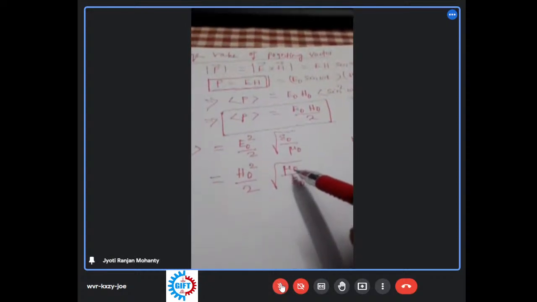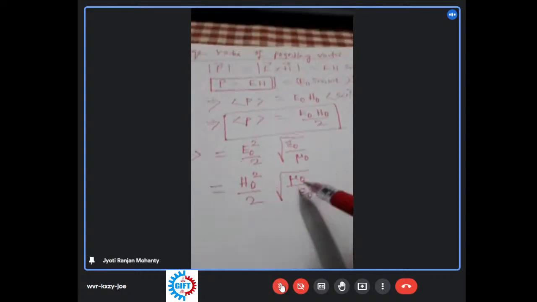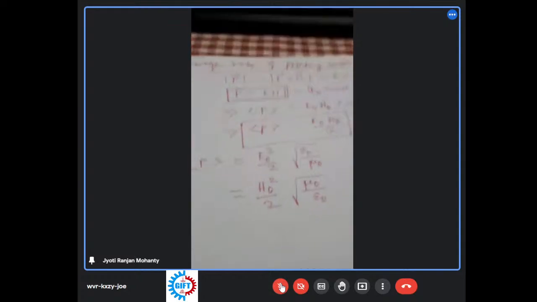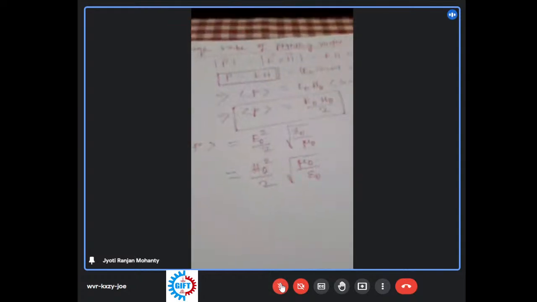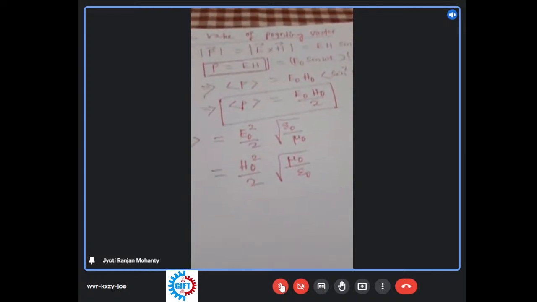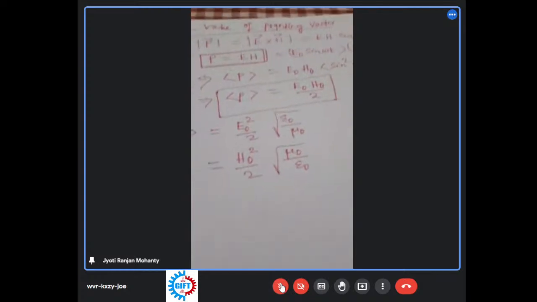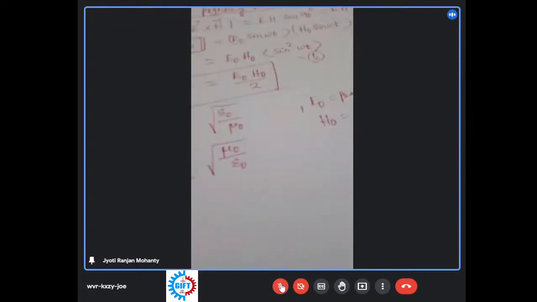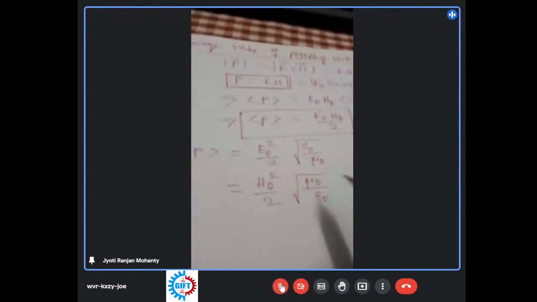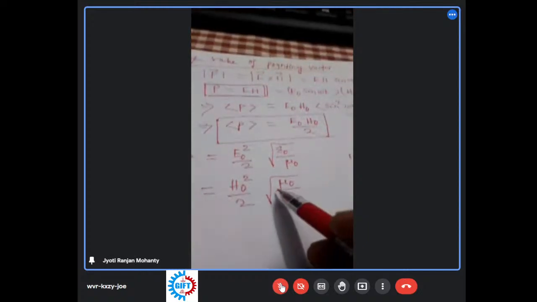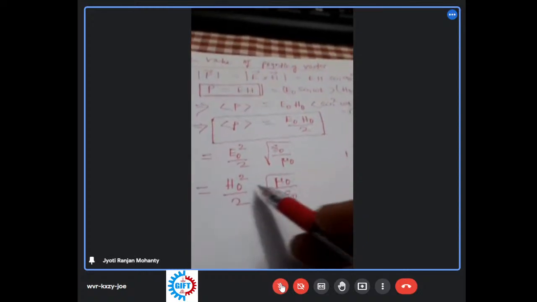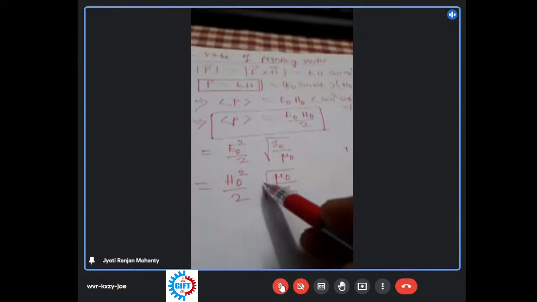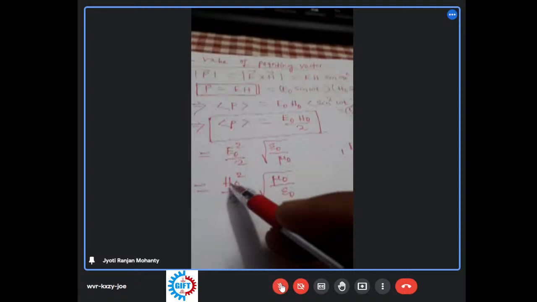You see, we don't need to find the mu 0 by epsilon 0. Who can say what is mu 0 by epsilon 0 under root? That is Z0. Already we have taken Z0. Yes, very good. So directly you can multiply here 376.6 with H0 square by 2.